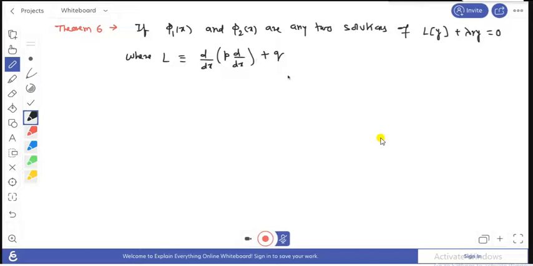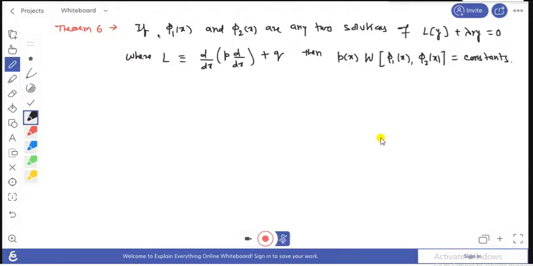If these are the two solutions, then what is the value of p x times the Wronskian of the two solutions phi1 and phi2? This is always constant. Here nothing about a to b is given.